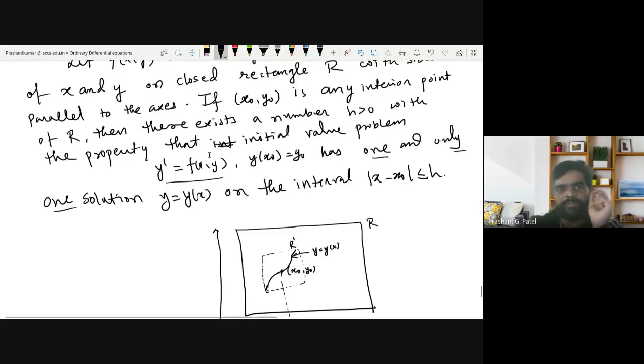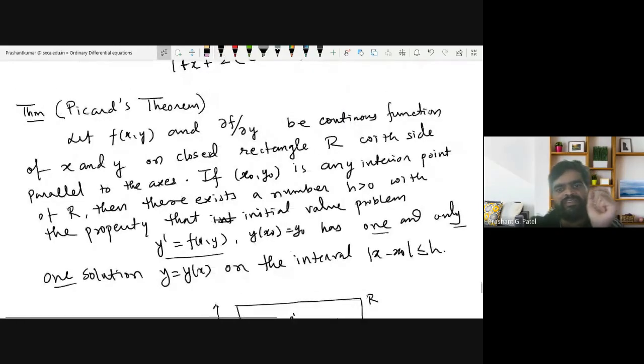So this Picard's theorem gives you the existence and the uniqueness of the solution of the differential equation of the type y dash is equal to f of x, y, if this f of x, y and the partial derivative of this function f with respect to y are continuous in some neighborhood or some closed rectangle.